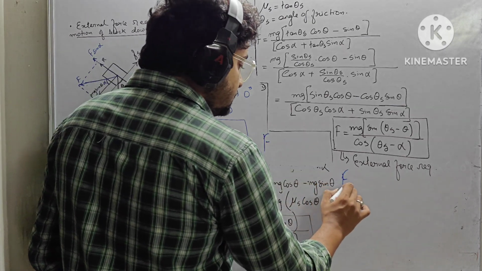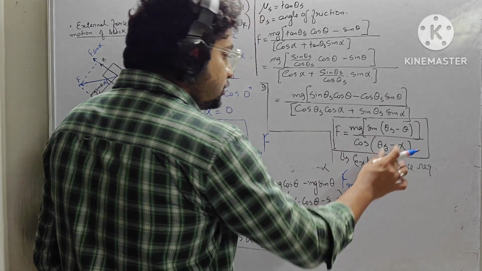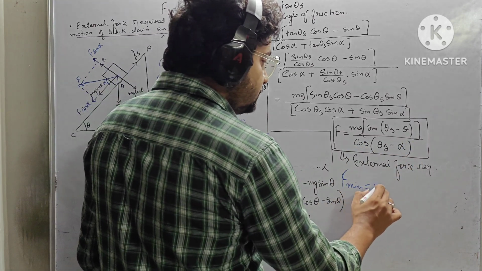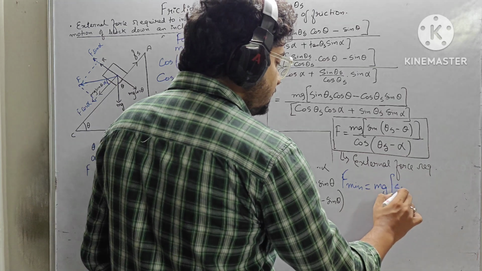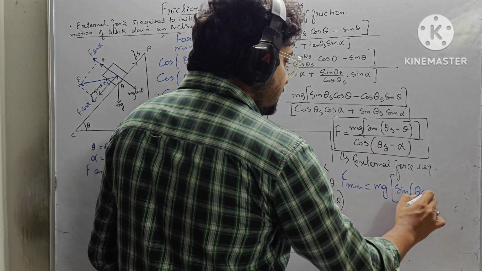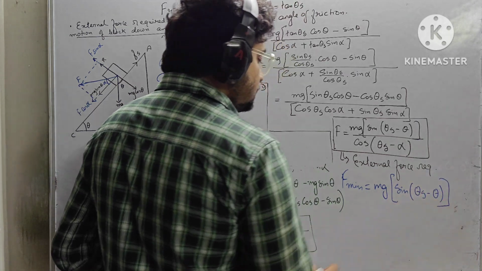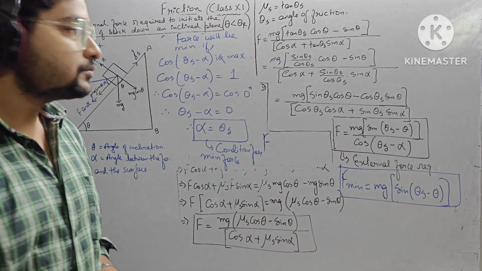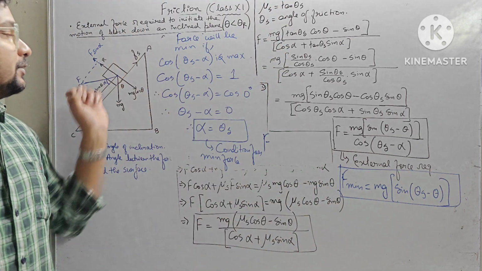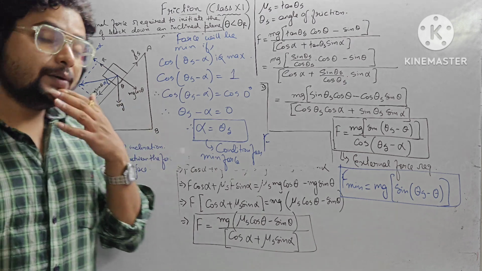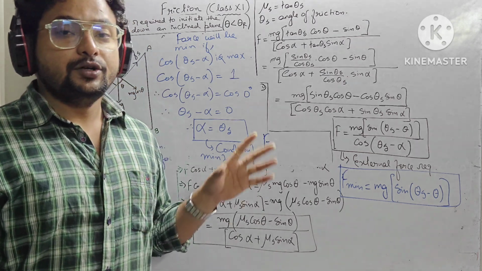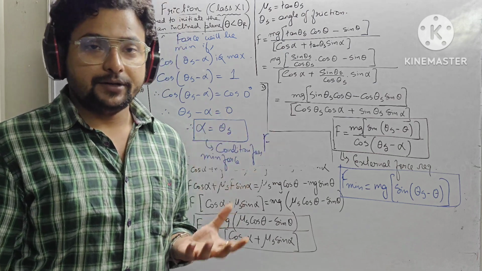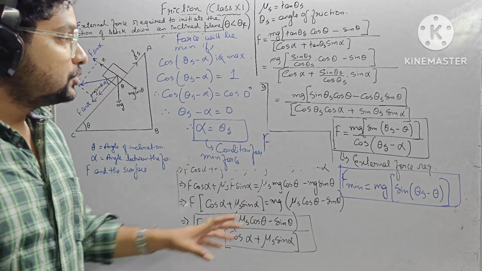If this denominator is going to be 1, then the minimum force is going to be mg sin theta s minus theta. This will be the minimum force. So this is how we can calculate how much force is required to bring a body down an inclined plane.